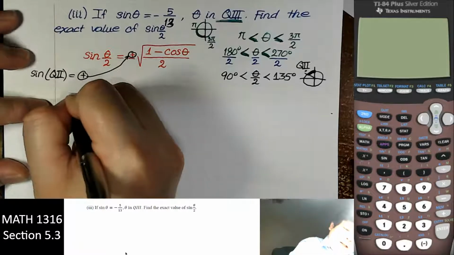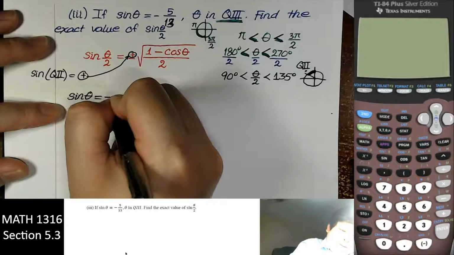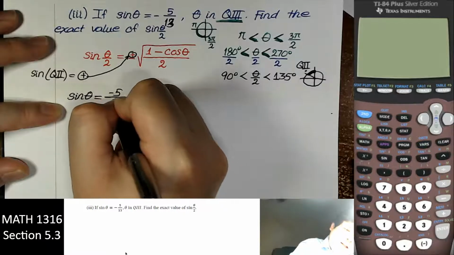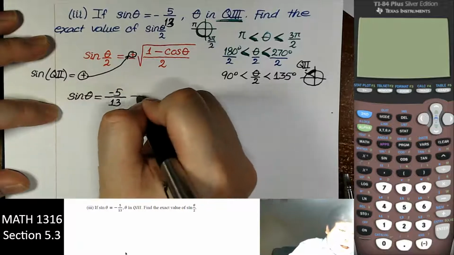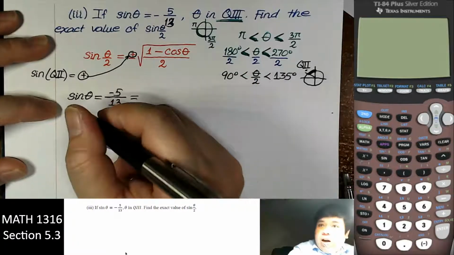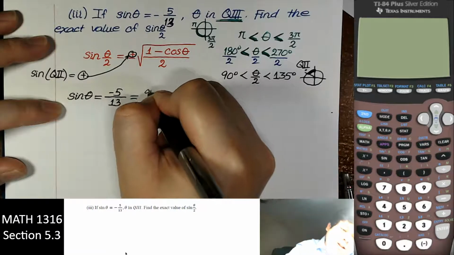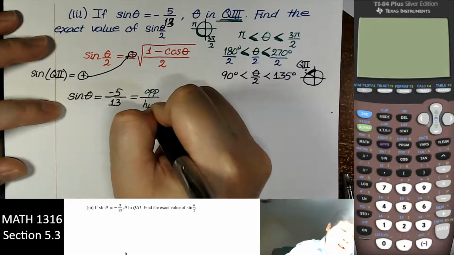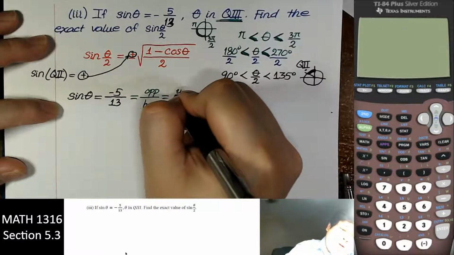So, sine is negative 5 over 13. I'm going to use a triangle here. Sine is opposite over hypotenuse, or y over r.